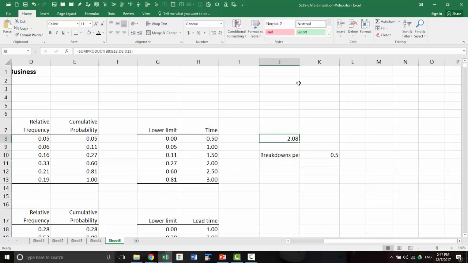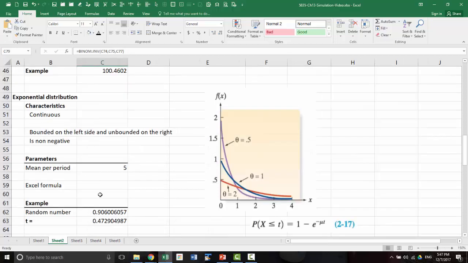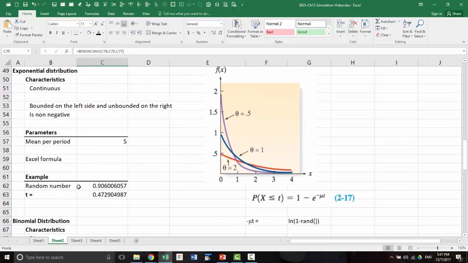Approximately. So on the average the time to break down, one breakdown to the next, is 2 hours, so that means on the average you have half a breakdown per hour. Okay, then so that's your mean.